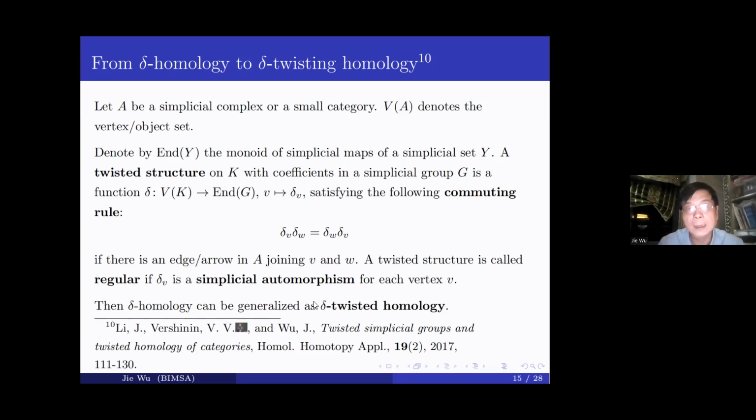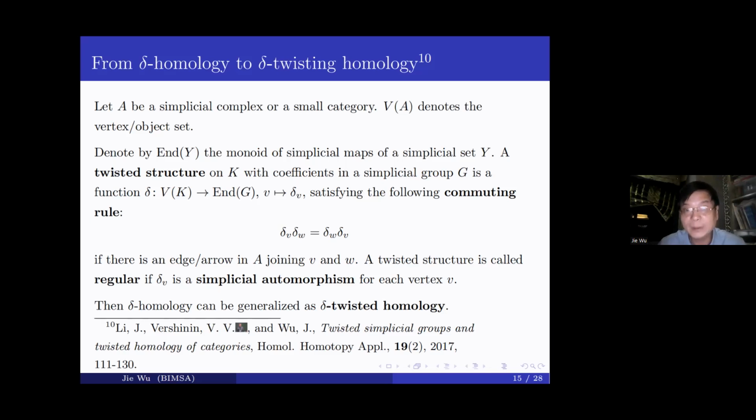Let's assume a simplicial complex. Instead of putting a weight on each vertex, let's make some twisting. Let me use some endomorphisms, so make a matrix. We just try twisting these vertices, and then try to produce some homology theory which still works.